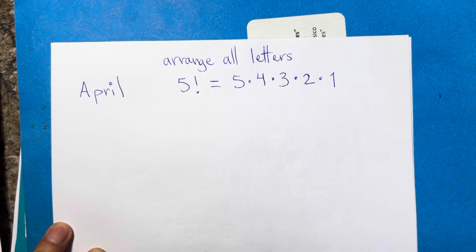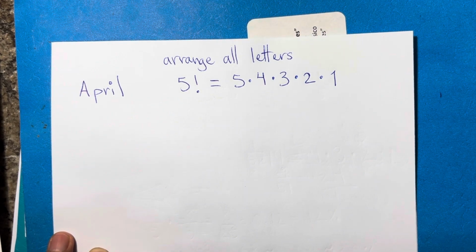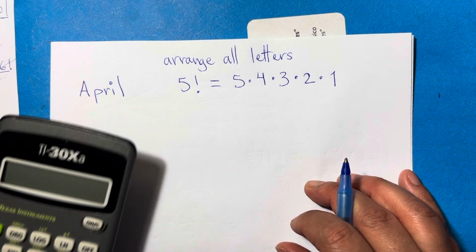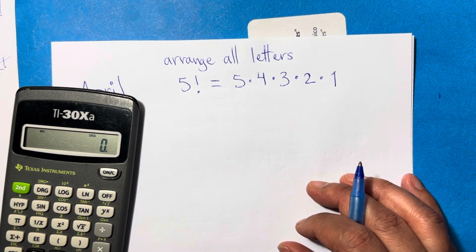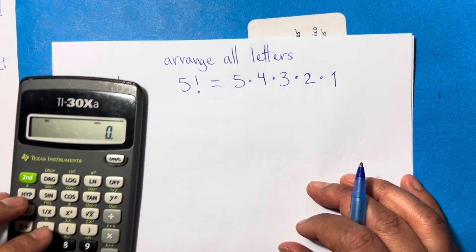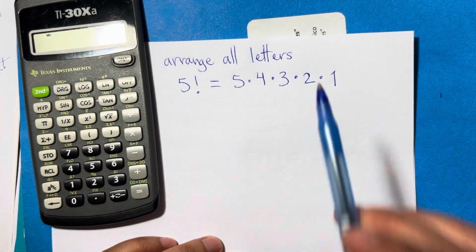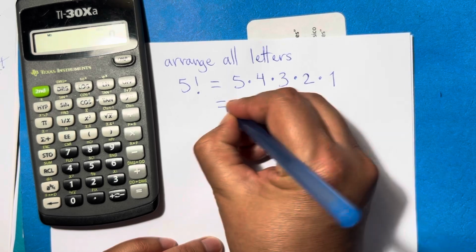And some of the calculators have that factorial. Some of them show it right in there, others are hidden. So you might have to explore your calculator. I'll show you in this one. Well, let me do it first without the calculator and show you what the answer is.